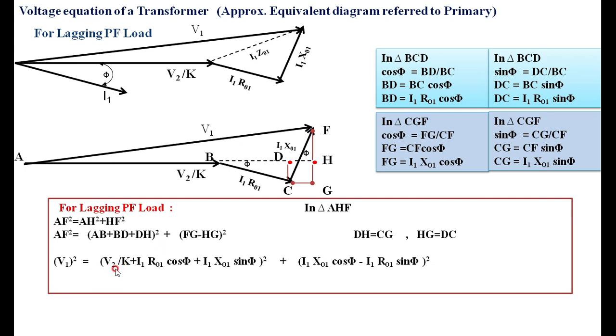Then what I am getting is V2 by K, that is AB, plus I1 R01 cos phi, the X component, plus DH, which is CG, I1 X01 sin phi, the whole square. Then FG we know, that is I1 X01 cos phi.